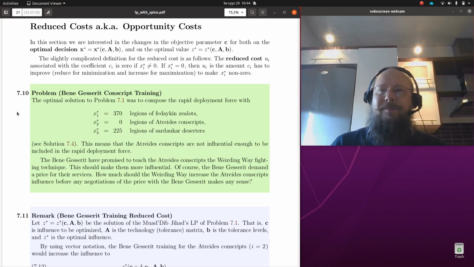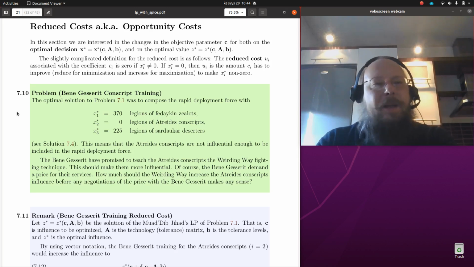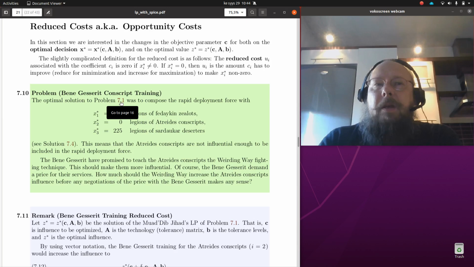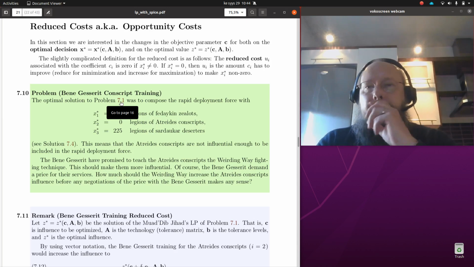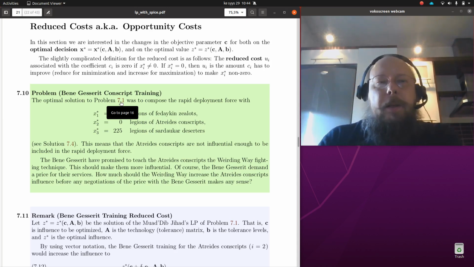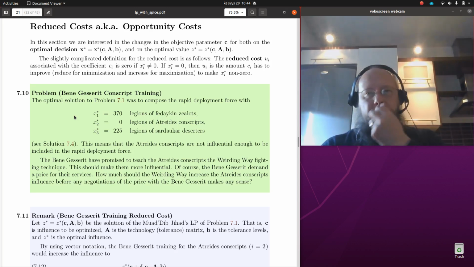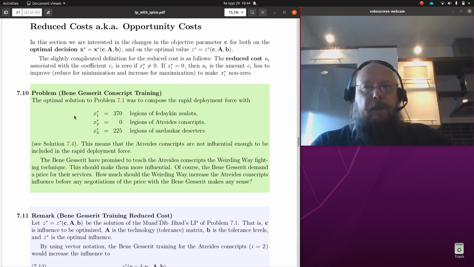So let us consider problem 7.10. I call this the Bene Gesserit conscript training. Now, if you remember problem 7.1, this was Muad'Dib's jihad. Now it's not Muad'Dib, it's not baking anything. He's building a rapid deployment force. So he's no longer a baker, but a new emperor now.